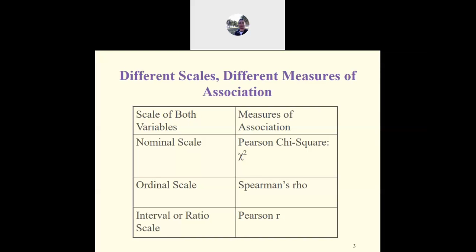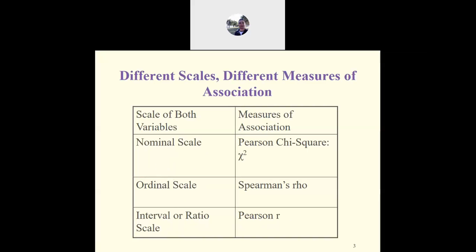Again, as I said, it depends on your variable. If your variable is ordinal or interval or ratio scale, it means your data is quantitative. In this other case, it means your data is qualitative. If your data is quantitative, go for the Pearson correlation coefficient. The value of this one is between -1 and +1.